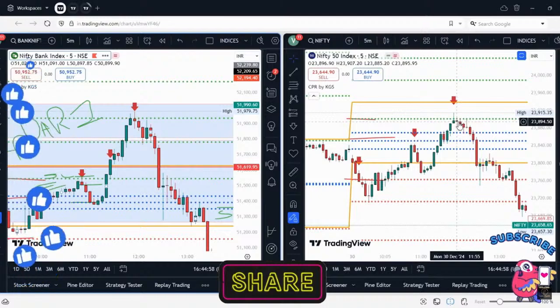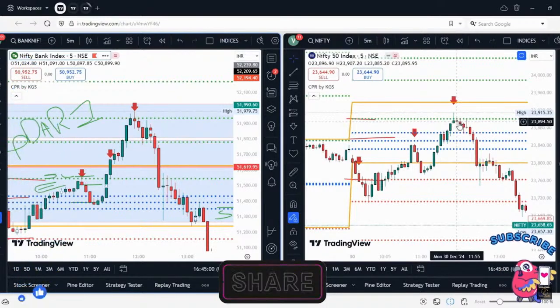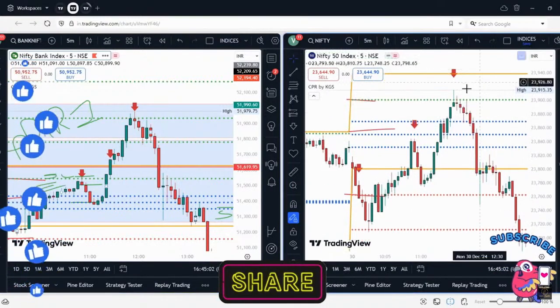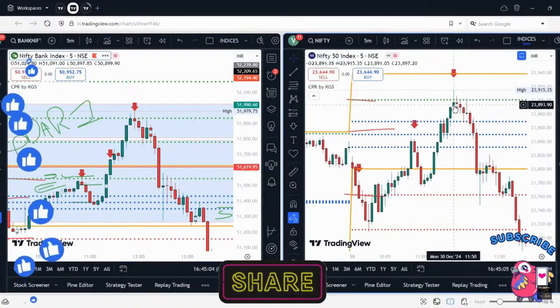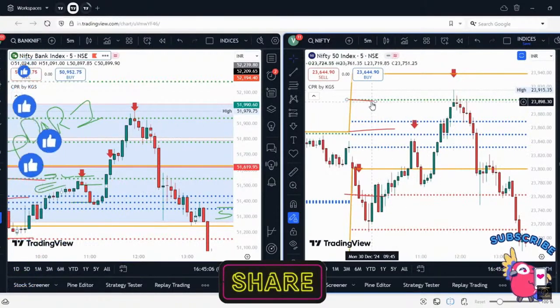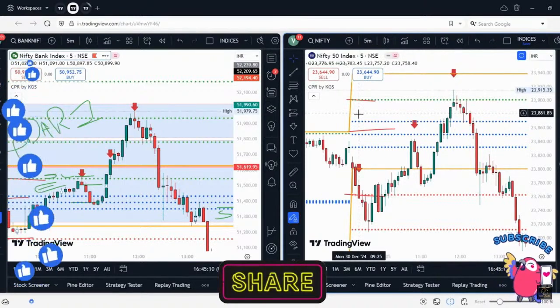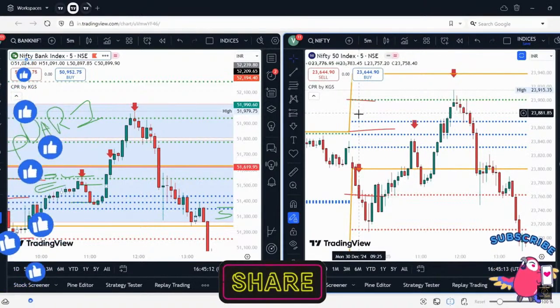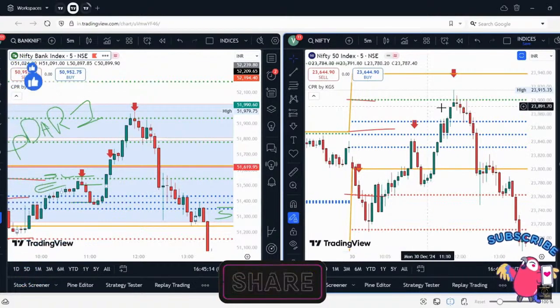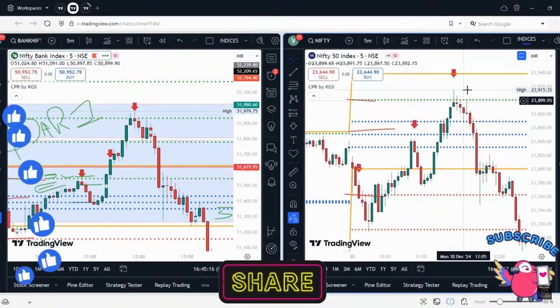Why? Because it is clearly rejecting from the highly profitable trade location. If you know the CPR system and you have the patience to wait for the right trade, this is an awesome trade in Nifty.